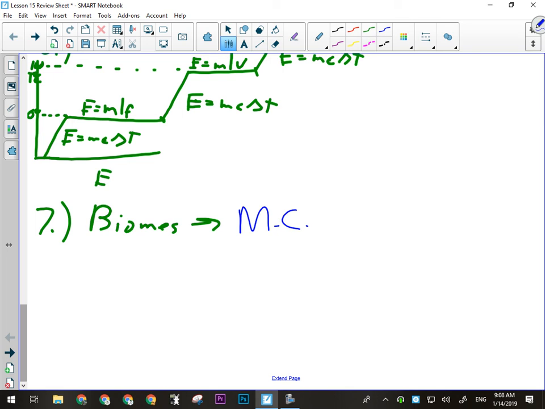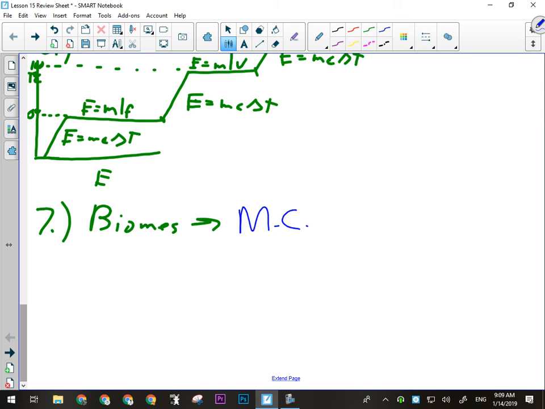Then there's a little bit of stuff on biomes, a little bit of stuff on factors affecting climate again, some stuff on energy transfer and albedo, parts of the Earth. Again, what happens to light when it strikes the Earth's surface is in there.